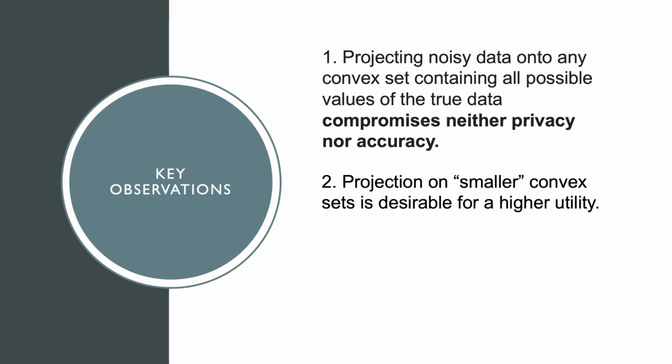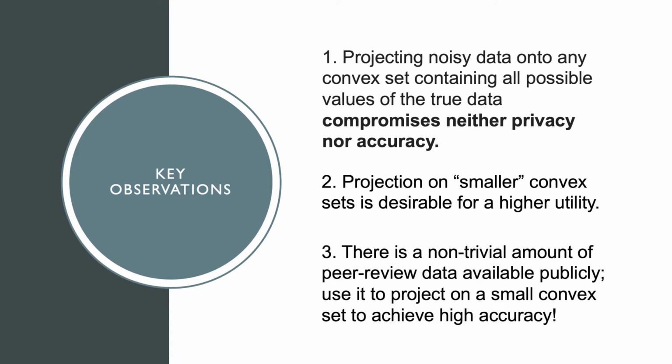Secondly, we note that projection on a quote-unquote smaller convex set is desirable for higher utility. And lastly, there is a non-trivial amount of peer-reviewed data available publicly, and we should use it to achieve high accuracy.